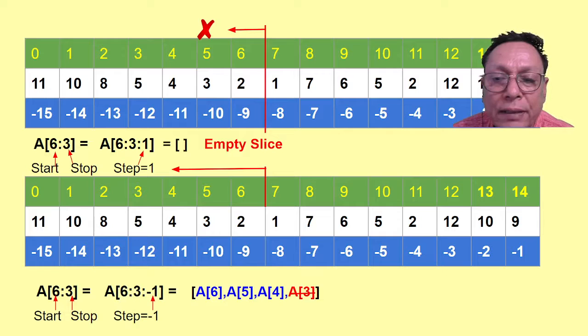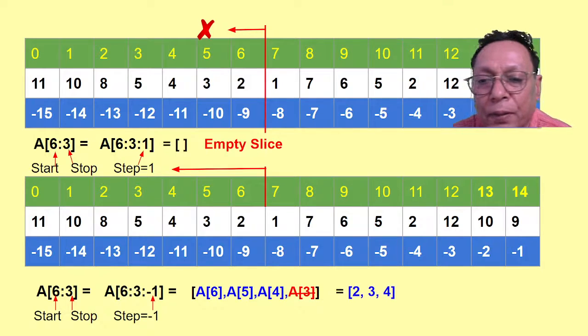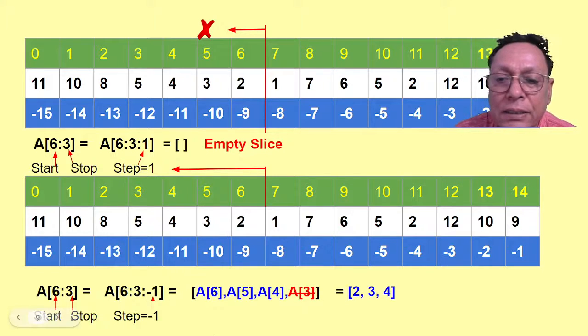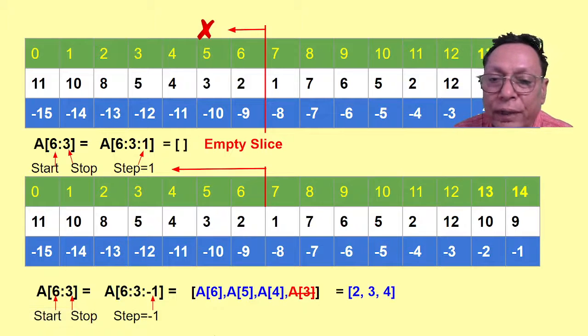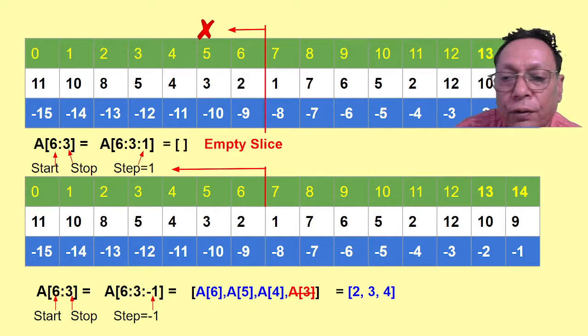So you will get 4, 3, 2 as the slice. Since this is in the negative direction, right to left, the slice will be 2, 3, and 4, because your step is -1 and that is why you are moving right to left.